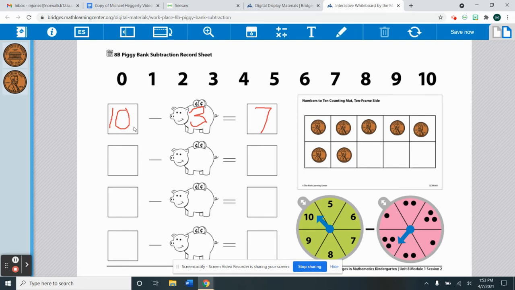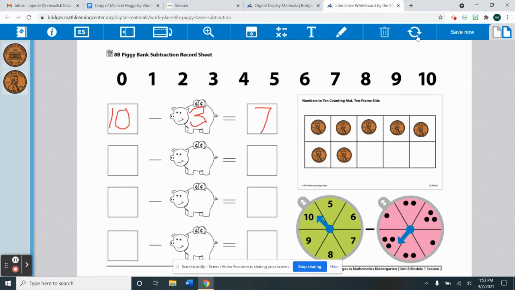So your equation 10 minus 3 would equal 7. Just a reminder, we are using pennies and a piggy bank because pennies represent 1. So it's just another kind of object to help us represent a subtraction problem.